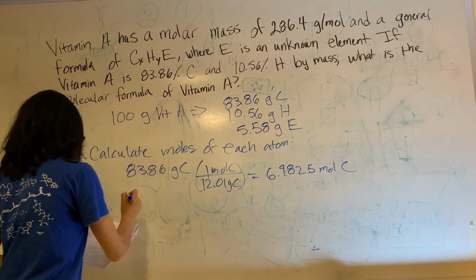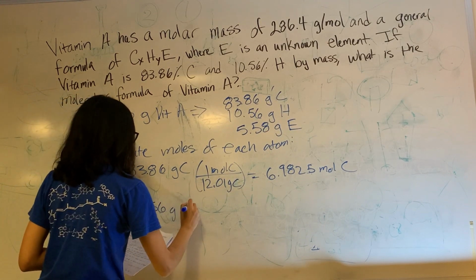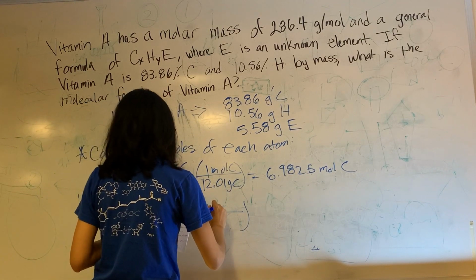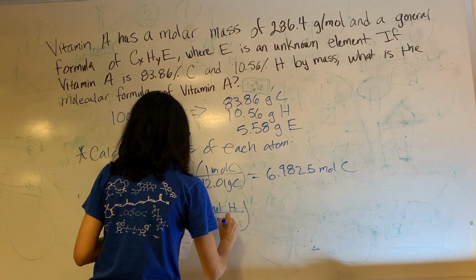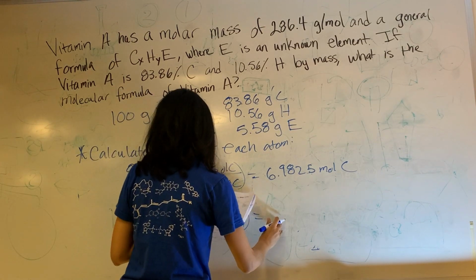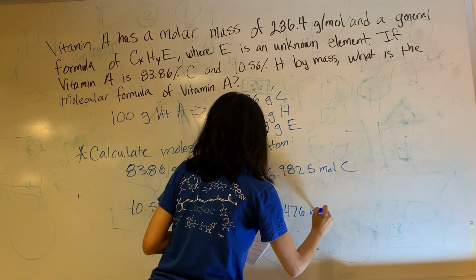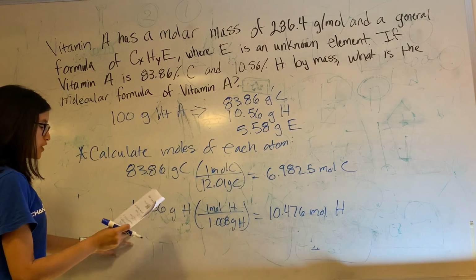So we go along, do the same thing with hydrogen. So we get 1 mole hydrogen, 1.008 grams of hydrogen. So that gives us 10.476 moles of hydrogen. All right, so we're all going along really well.